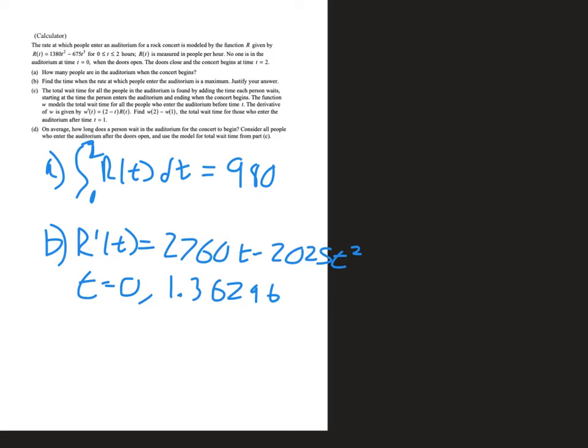Now, because this is a closed interval, as we said, it's also possible that my maximum could occur at the endpoints, which are 0 and 2. Fortunately, one of those endpoints is actually one of your critical numbers, so it showed up twice. Little check for you there in case you forget. But we do need to remember to consider t equals 2 as well.